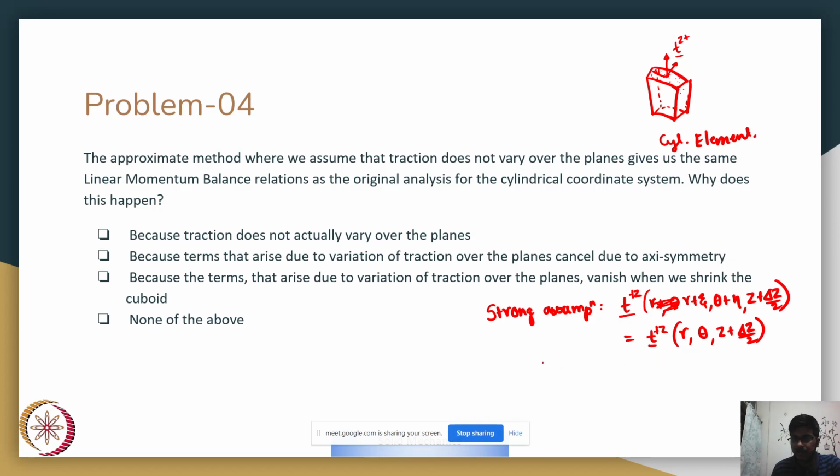So when we calculate the force under the strong assumption, it is nothing but the traction integrated as T dA over the area of plus z. I think this is what we get, right?